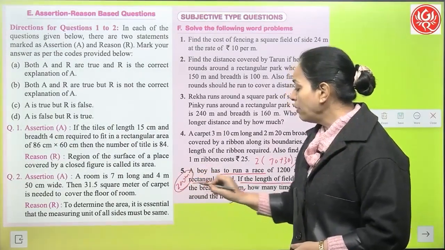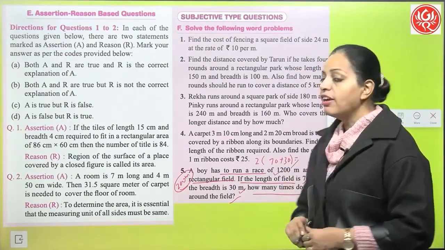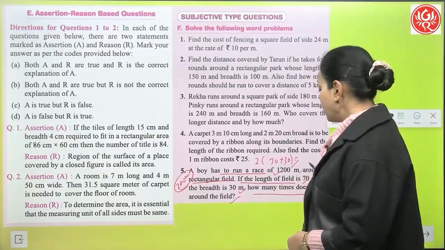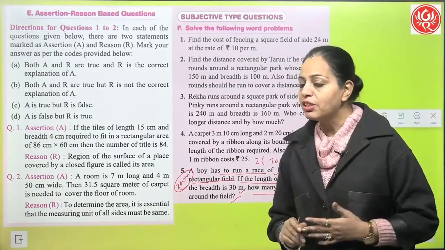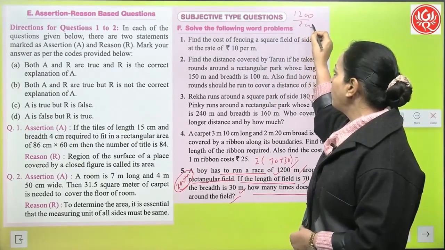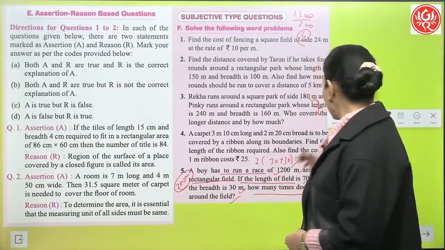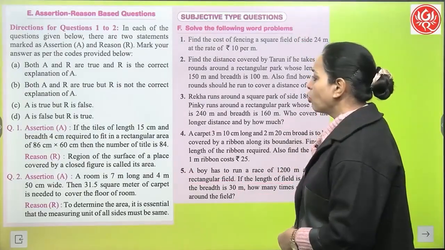So 200 meter in one round, but he has to take 1200 meter distance. So how many times? So 1200 meter divided by 200 means 6 rounds, 6 times, right? So like this you can try many more questions.